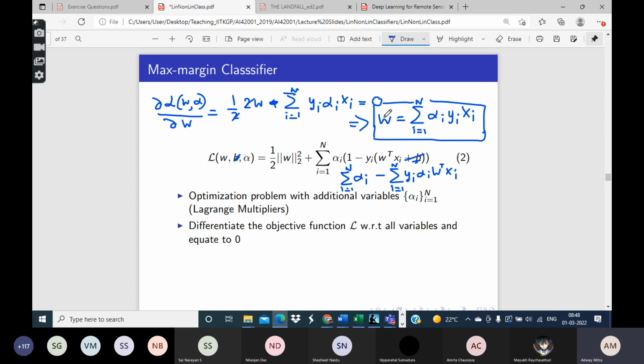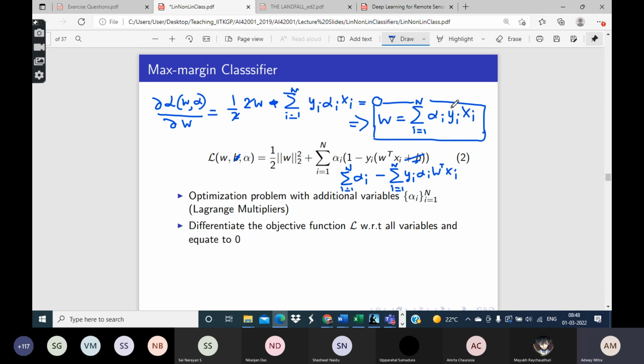Whatever value of W we get, the max margin classifier which we will get, should satisfy this relation. Of course, the alphas I do not know, but once I get the alphas, the final solution of W must satisfy this relation. Okay, and you can just do this basic sanity check.